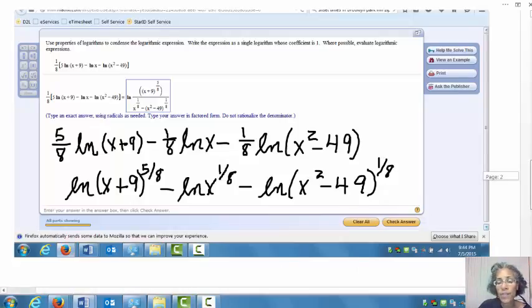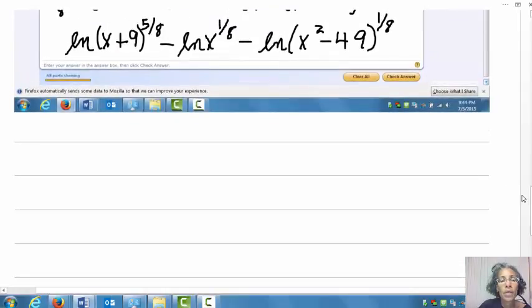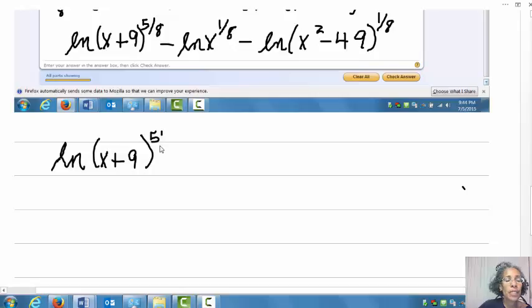Now I'm going to do something else, and that is I am going to make use of the distributive property, but I'm kind of working backwards from the way we normally work with it.